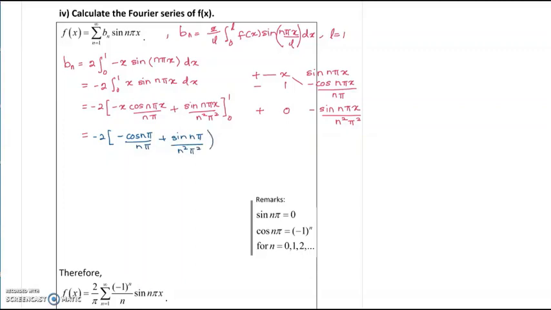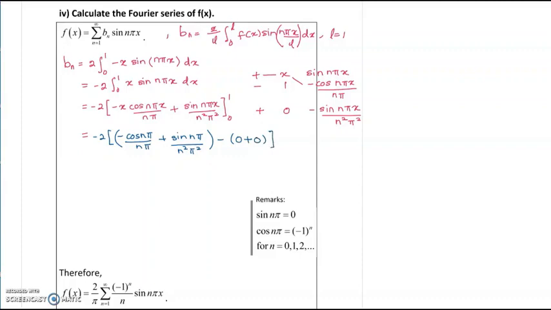This is when x equals 1, minus when x equals 0. The first part will be 0, and plus sine(n pi x) where x is 0, so sine 0 is basically 0.